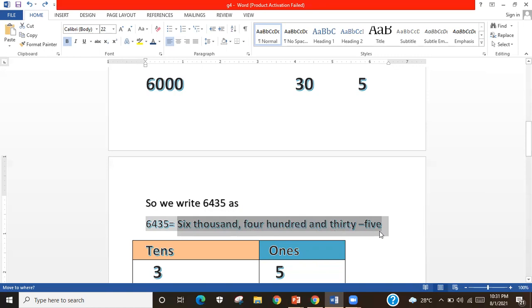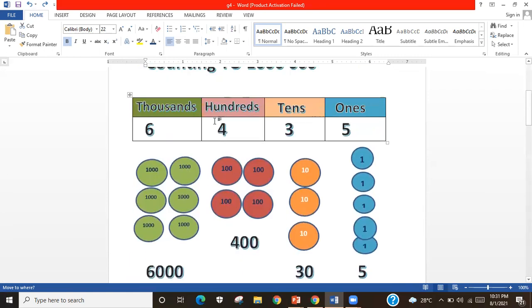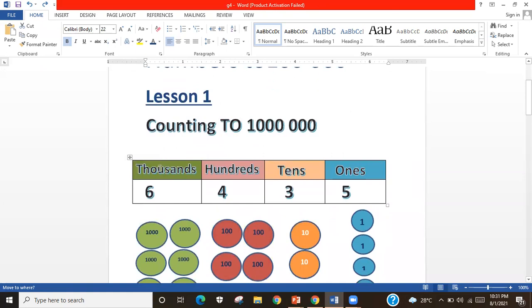So class, today in this chart, we have learned to identify the four digits. The last one is ones, the second counts as 10s, the third counts as 100s, and the fourth counts as thousands.